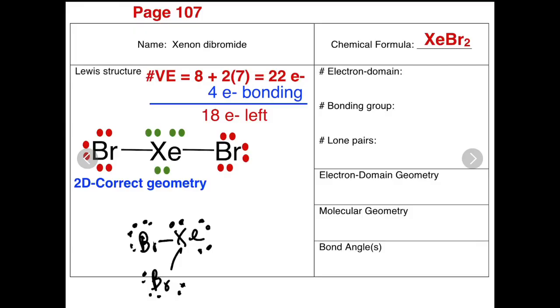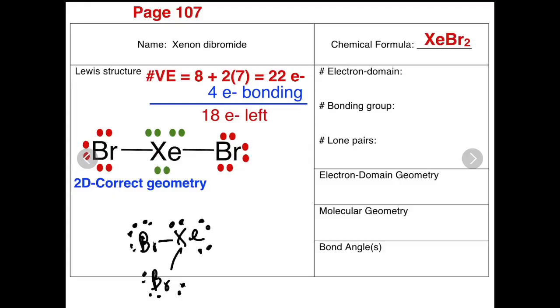As long as you draw the correct connections and the correct number of electrons, this is a correct Lewis structure. But the correct Lewis structure might not be the same as the geometry. Whether how you draw it is already the correct shape, we don't know.